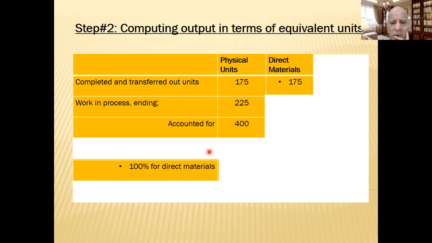But as for the work in process at the end of the period, they are 100% completed from the point of view of the direct materials, because we assumed that direct materials are added at the start of production.